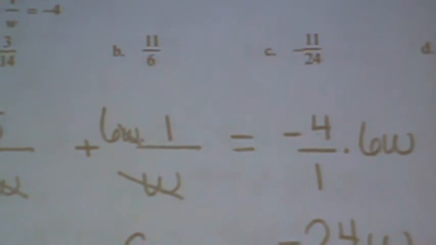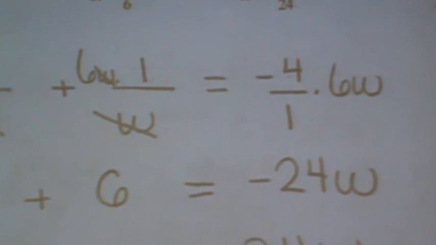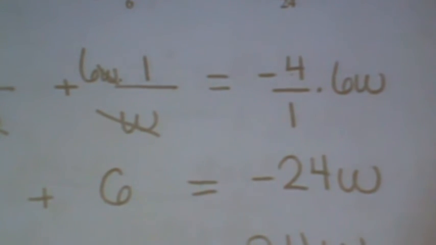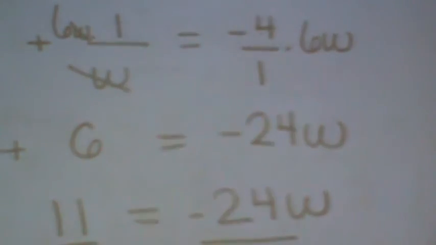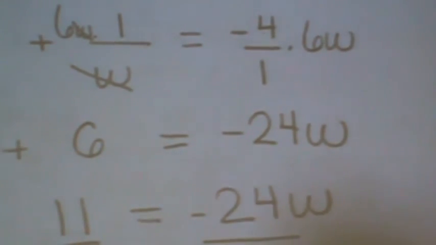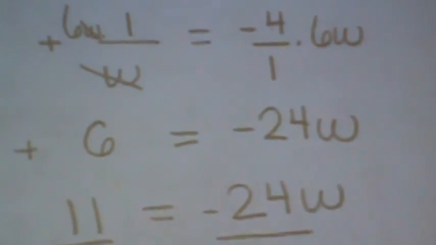The w's cancel, so you have 6. And this is negative 24w. This is 11. And divide by negative 24. So w is equal to 11 over negative 24, which is C.